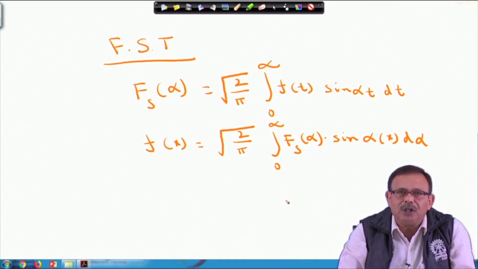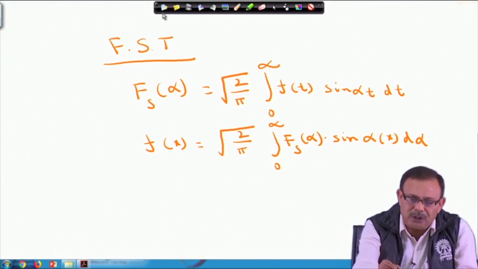So, if I know the function, I can tell the Fourier sine transform of that function, and also if I know the Fourier sine transform of a function, from the second equation I can tell the corresponding f(x) for which the Fourier sine transform is this one.